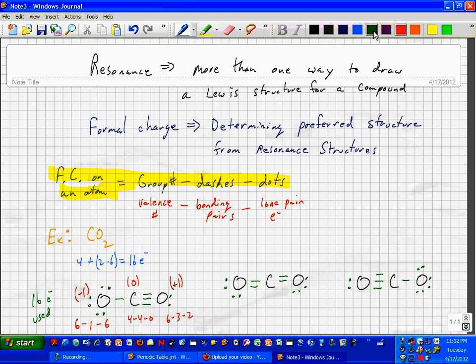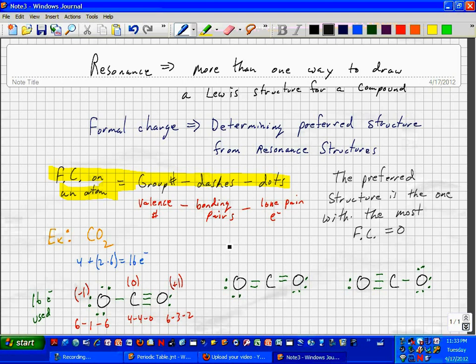My preferred structure, let's state this now: the preferred structure is the one with the most formal charges equal to 0. So we'll do the same thing here and figure out formal charges.